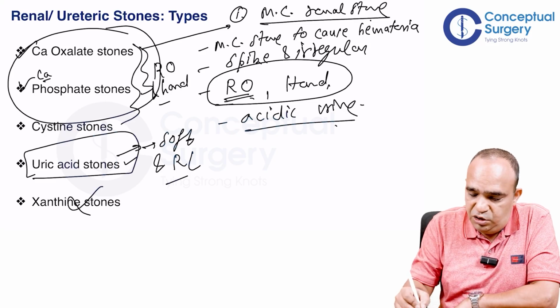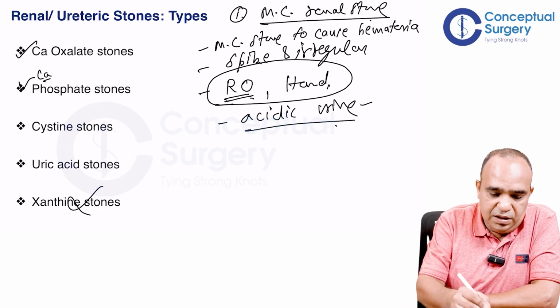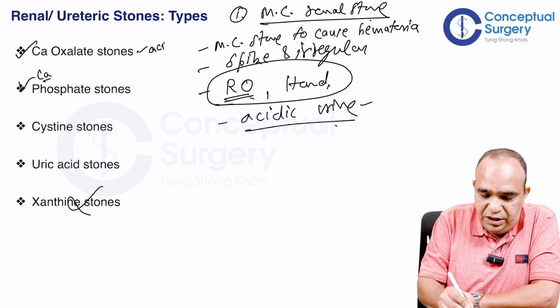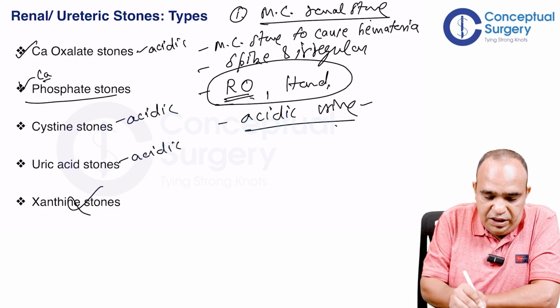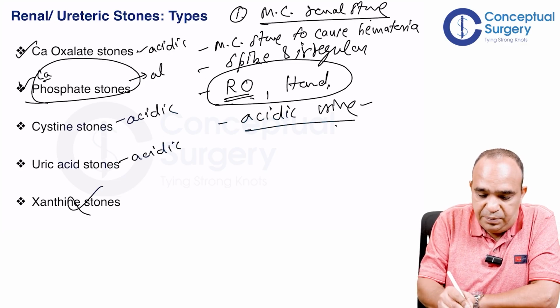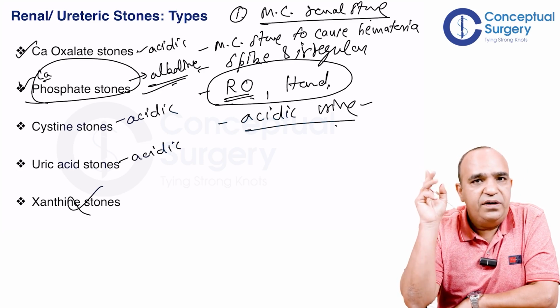Right. Now, this urine concept also I'll specify. Acidic urine. The only stone, phosphate, precipitates in alkaline. Right. So, 3 radio opaque, 1 radiolucent. So, radiolucent is uric acid.